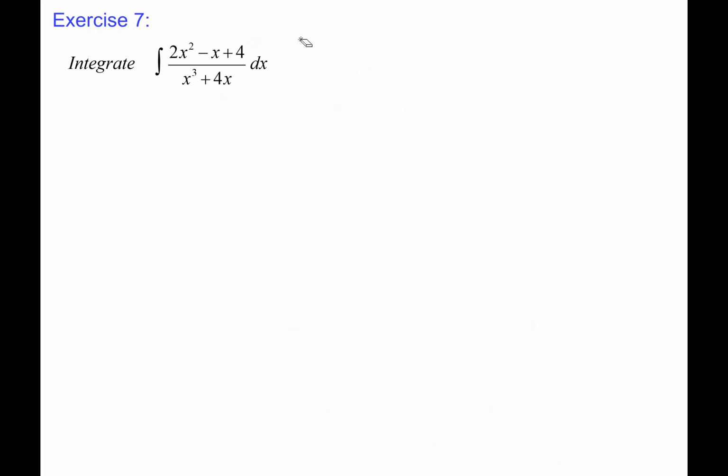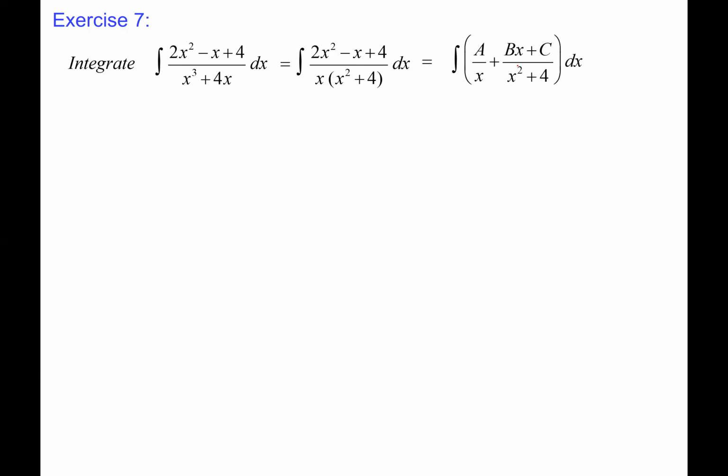Perfect. Proper rational function because it's x squared on the top and x cubed in the denominator, and I can factor out the denominator only this way: x times x squared plus 4. Okay, that means now we will have only 2 partial fractions, x, and the second one will have denominator x squared plus 4, and you can see I can't just put b.